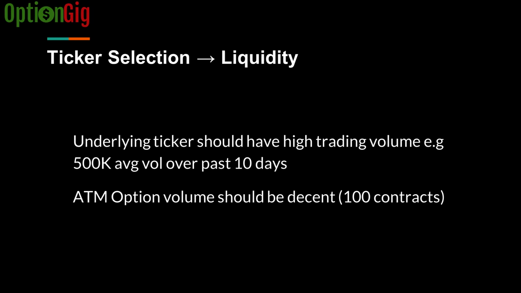If the interest is very low, then there are not enough participants for you to sell and buy back the option contract, so you might get stuck with it. So always look at strike prices where the open interest is around 100 contracts.